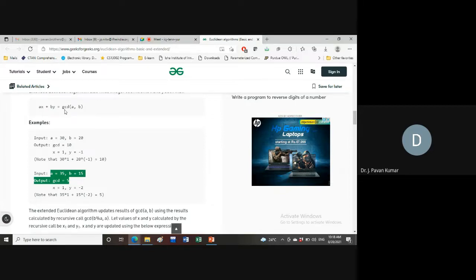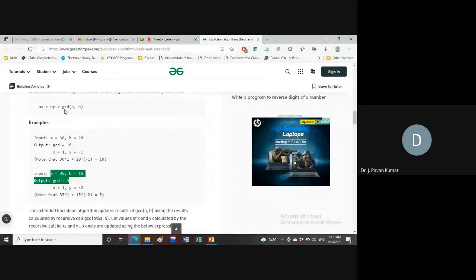Now the question is, for every two numbers, can we have a GCD or not? For any two positive numbers, can we have a GCD or not? Yes or no? Let us consider two numbers as positive for now.